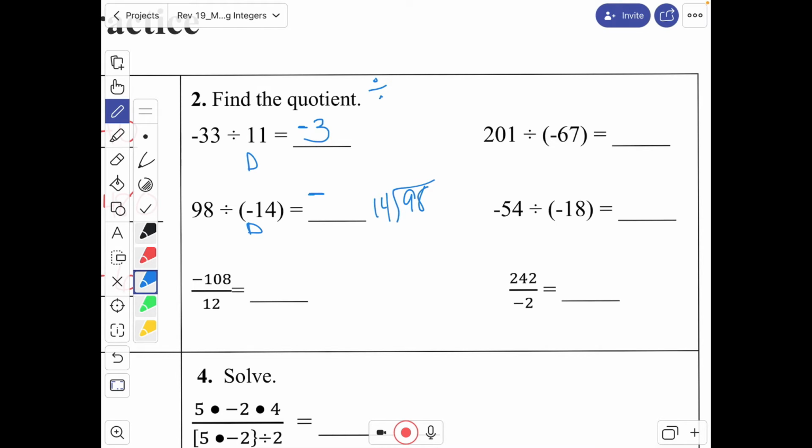And 98 divided by 14 is 7. So it's negative 7. Next one, negative 108 divided by 12. They're different signs, so the answer is negative. And 108 divided by 12, that's 9.